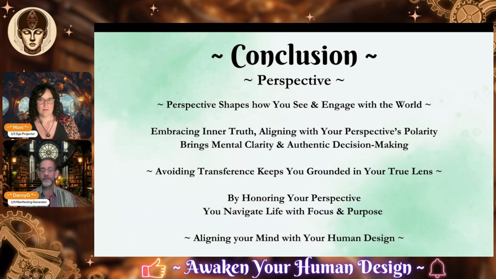If it can't see clearly, it'll never catch it. And that distraction will totally take it away from all of the rest of the purposes that are in profile and definition and type and incarnation cross. So aligning your mind with your human design is a function of this perspective.